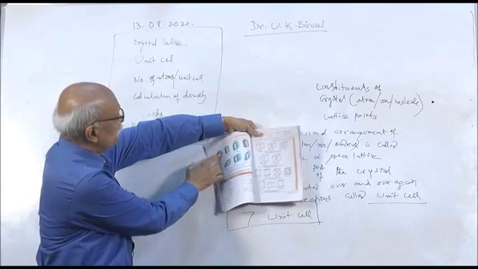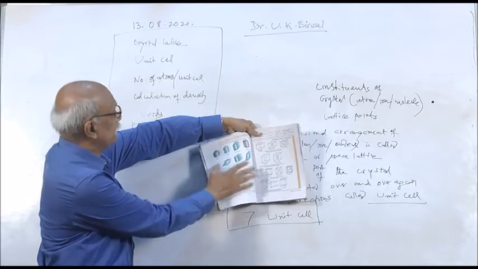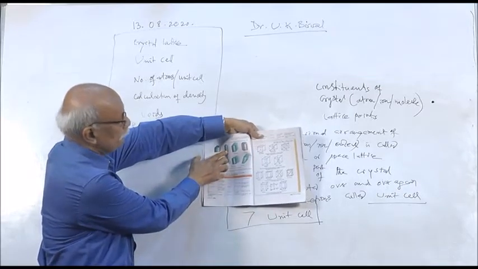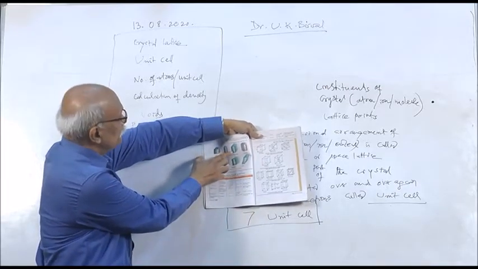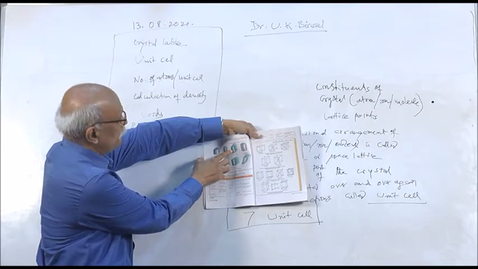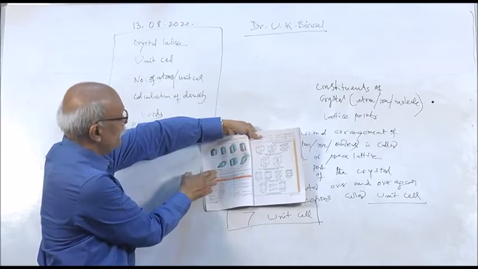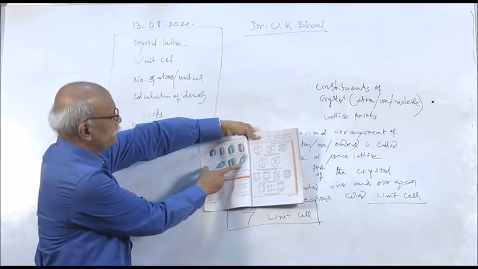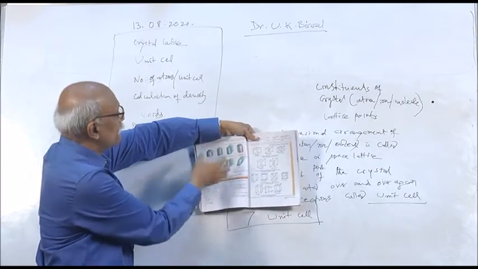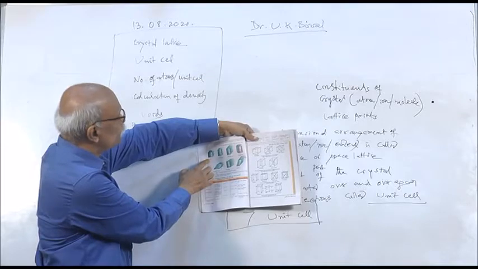This is the cubic sodium chloride crystal. This is the tetragonal, another second one. This is the orthorhombic, this is another one. This is hexagonal, this is rhombohedral, monoclinic, triclinic. So these are common ones, and the first is cubic.